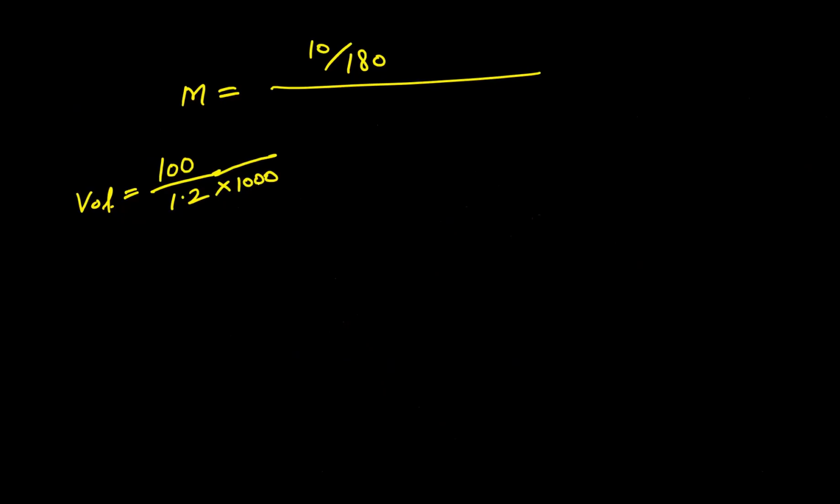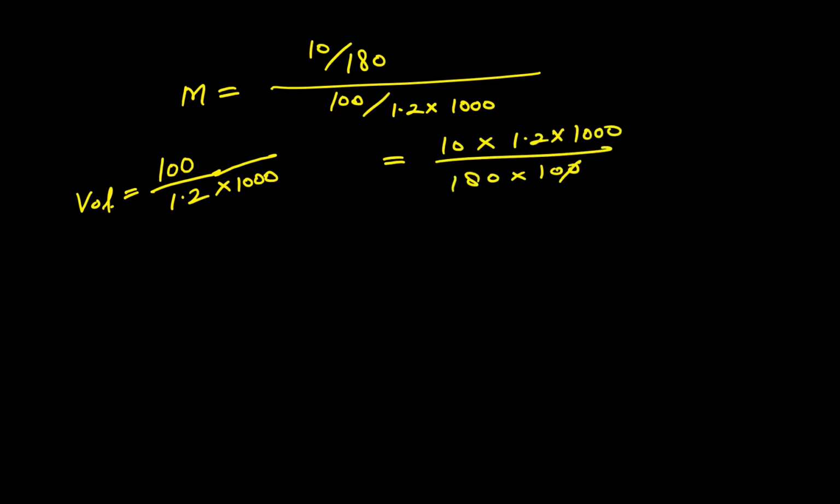You need to use it in liters. So it will be 100 divided by 1.2 into 1000. So it will be equal to 10 into 1.2 into 1000 divided by 180 into 100. So it will be 12 by 18, and 12 by 18, you know, is 2 by 3, means 0.667. It will continue 0.666. So this will be the molarity.